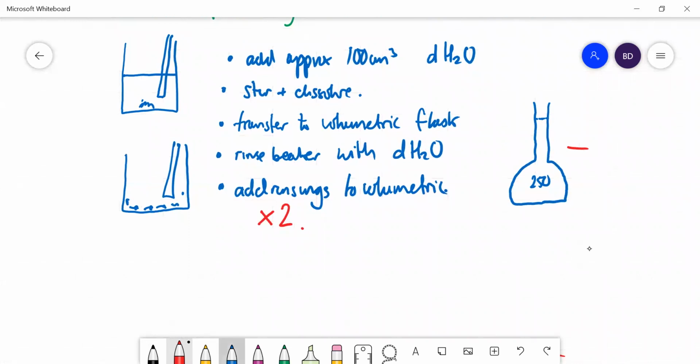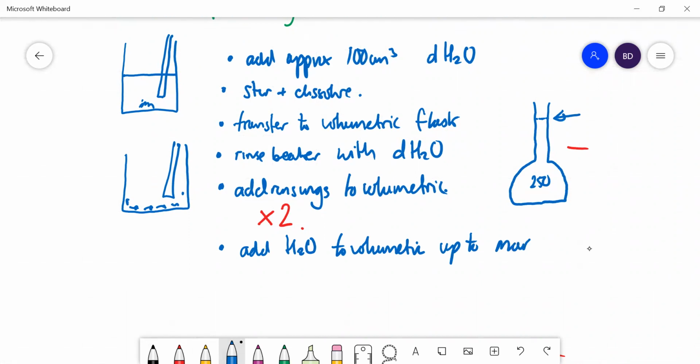Then when you've done that, you add distilled water to the volumetric flask up to the mark, which is there, the 250 mark, and you're done then. Not quite though.